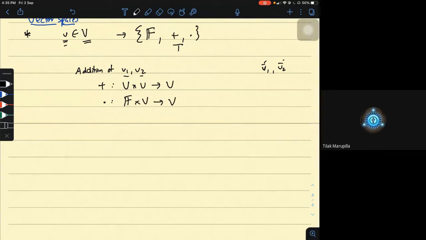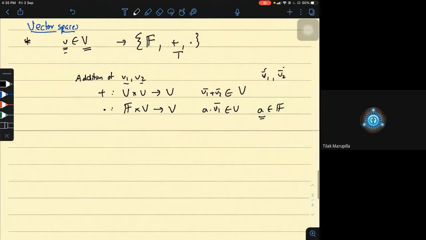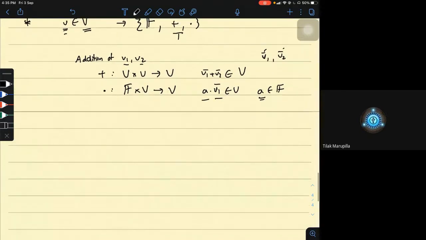For example, I say v1 plus v2 here belongs to the vector space V. Here, a times v1 belongs to V, where a is a scalar from the field. It's some number or some element in that field F, which we call scalars, just to differentiate between this and this. a is a scalar.